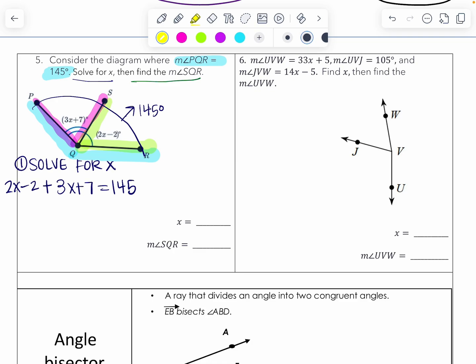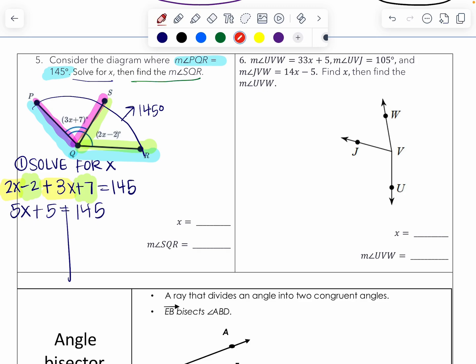Okay, so now we're to the algebra, and when we are starting to think how to solve this equation, we want to look and see if on either side of the equation we have like terms. So what is the like term we could combine with that 2x? In this case it's a positive 3x. So when we combine 2x plus 3x, we would have a total of 5x. And then negative 2 plus 7 gives us a positive 5, equal to 145.